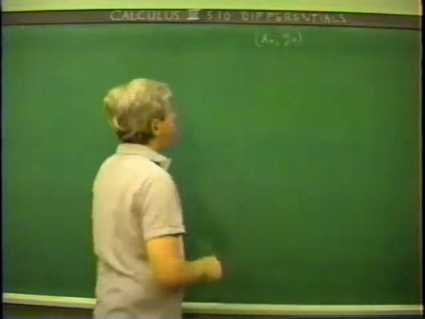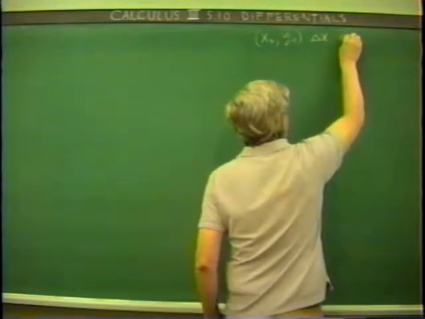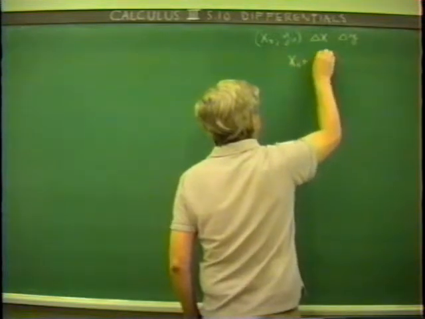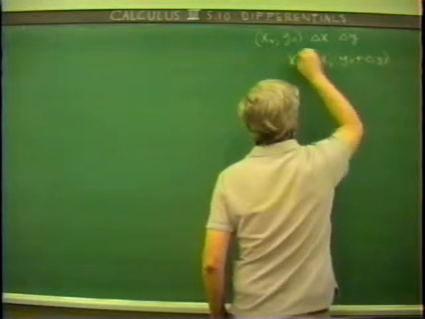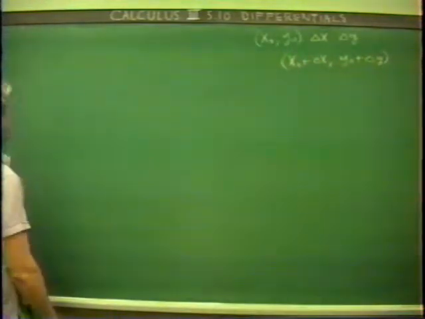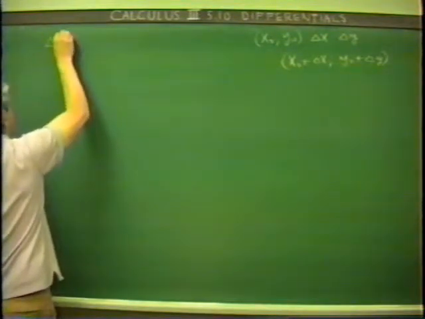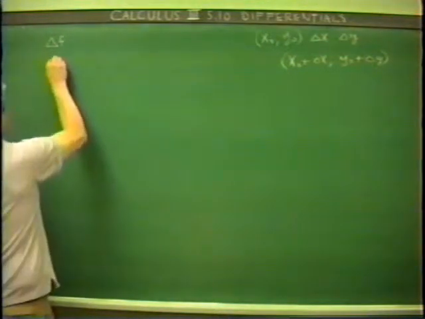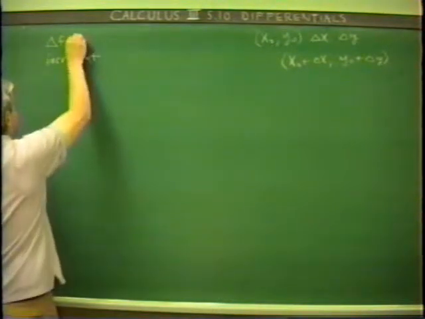If we've got a fixed point x naught, y naught, we wish to vary from this point by a quantity delta x and delta y to arrive at the point x naught plus delta x, y naught plus delta y, then we write delta f. Right? This is the change in f, or it's also called the increment.